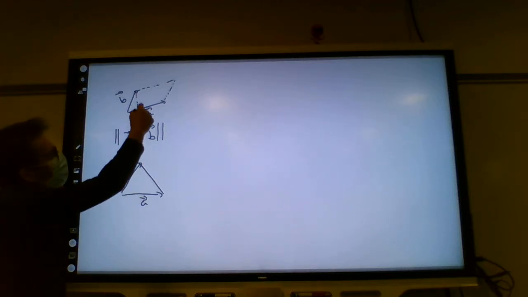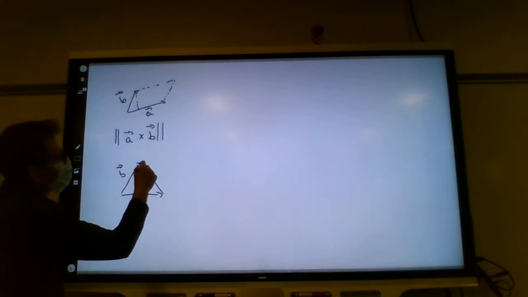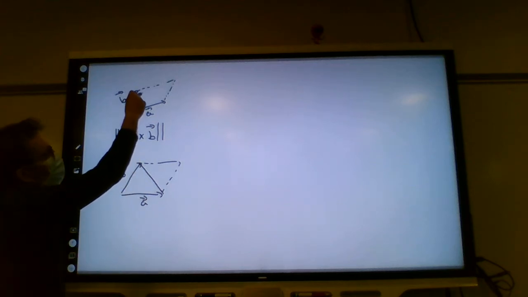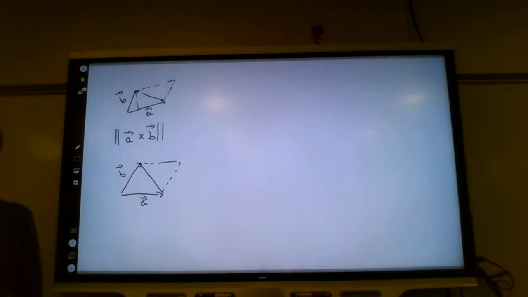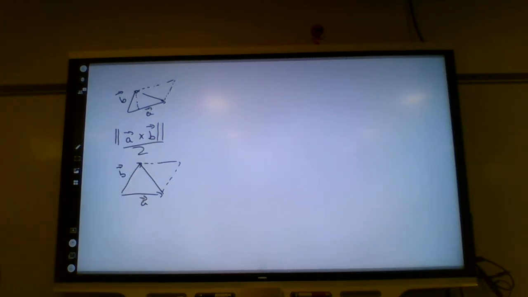What do we know about that triangle in that parallelogram? That triangle is half of that parallelogram, isn't it? So what could we do? We can do this to get the area of the triangle.